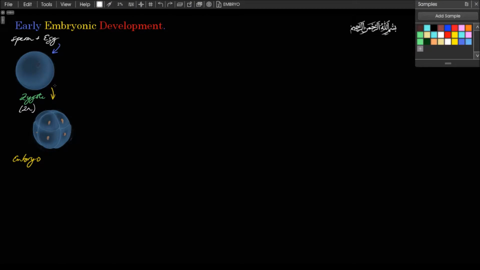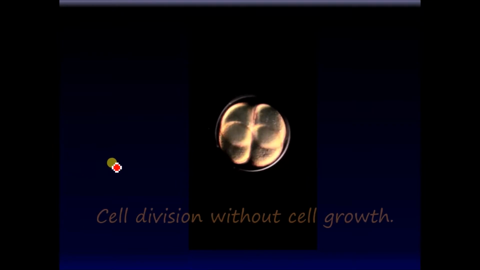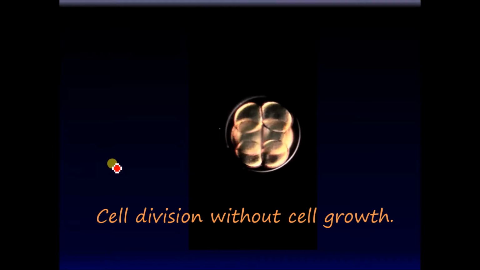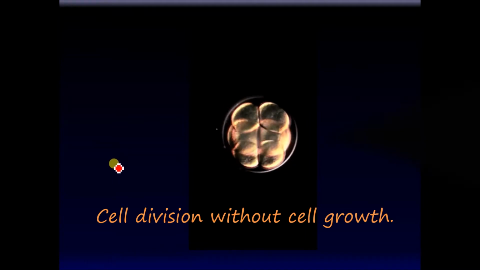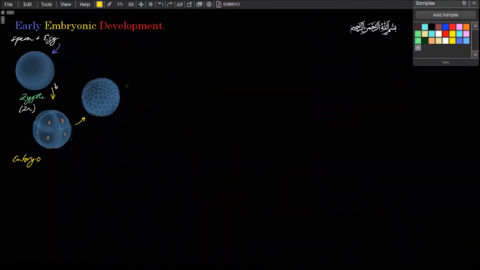So here the zygote first divides into two cells, and then they divide again to give 4 cells, and from 4 to 8, and then 8 to 16, etc. Now in the early stages, the cells divide, but they do not grow. So the size of the embryo does not really change, as you can see over here. This process of cell division without cell growth is called cleavage.